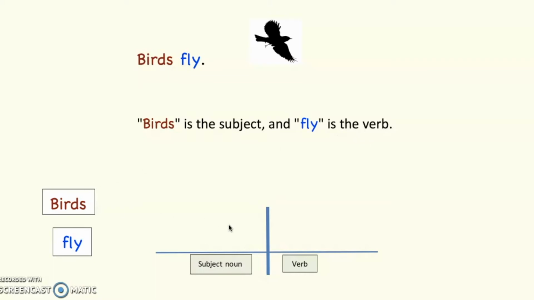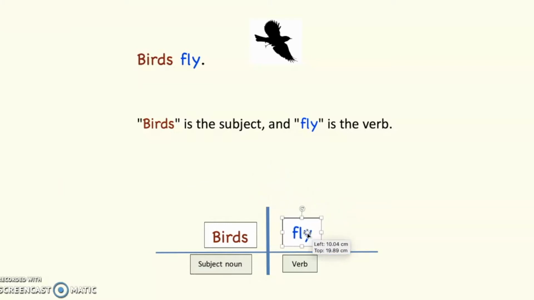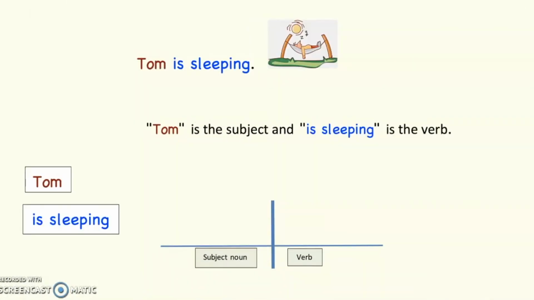So if we were to diagram this sentence to show its structure, we would put the subject here on this side of the dividing line. And then we put the verb on this side of the dividing line here, and this shows the structure of this sentence.